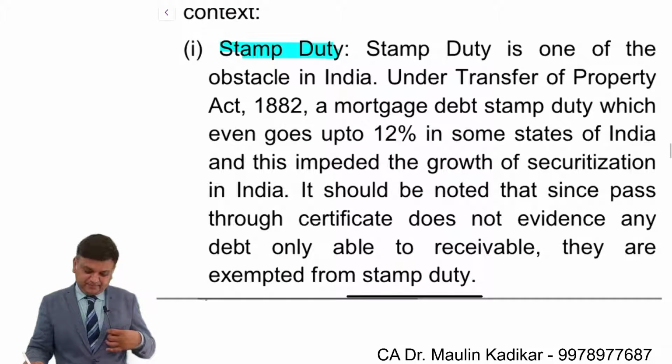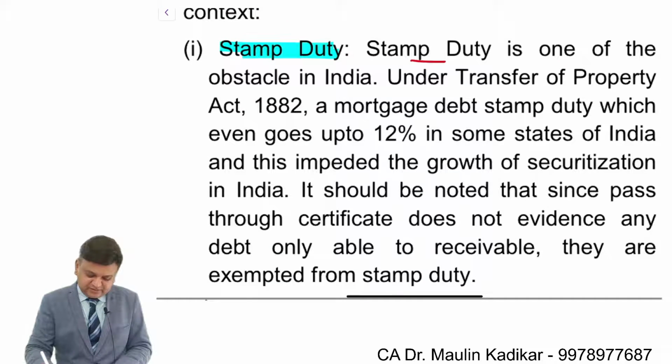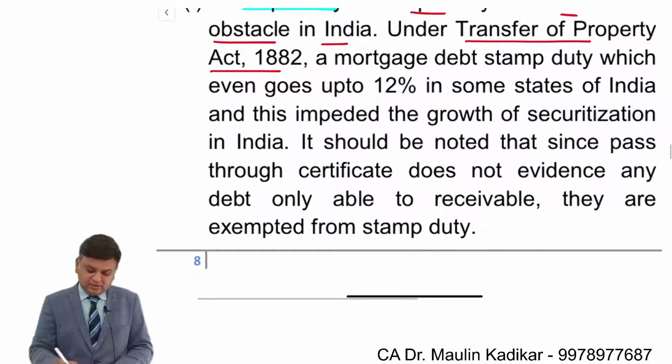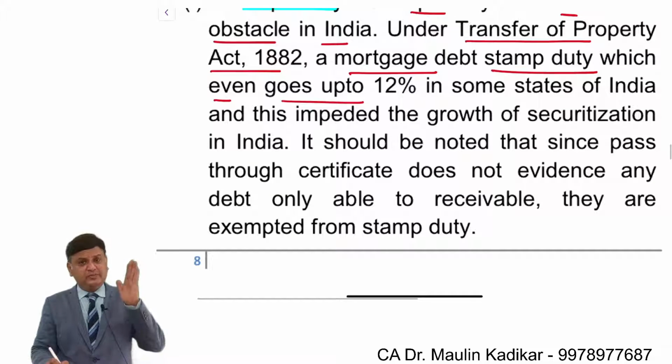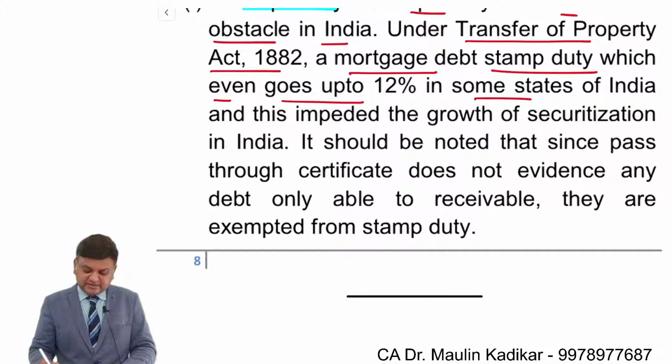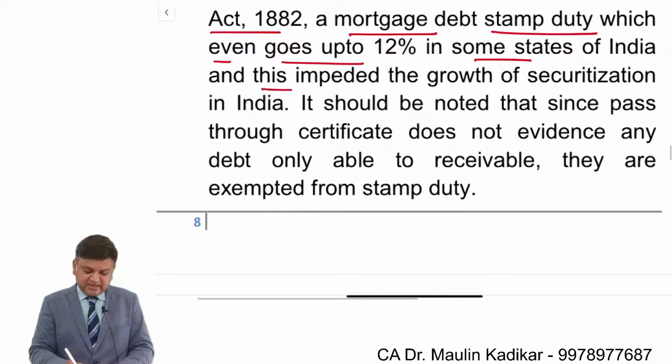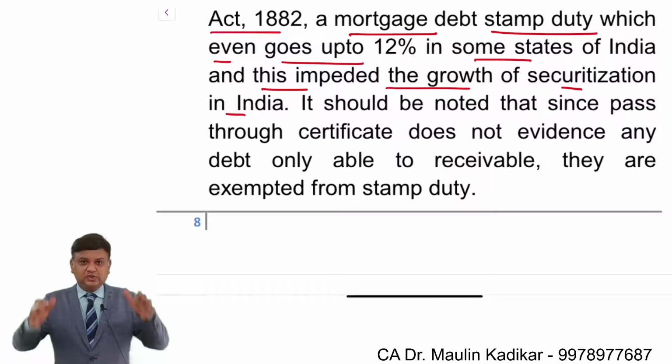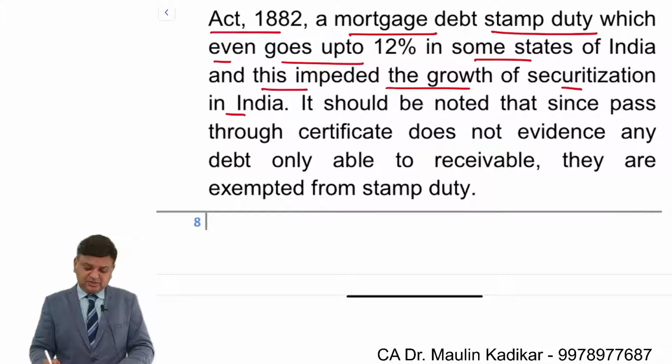Stamp duty. Stamp duty is one of the obstacles in India. Under the Transfer of Property Act 1882, a mortgage debt attracts stamp duty which even goes up to 12% in some states of India, and this impeded the growth of securitization in India. So that restricted the growth of securitization.